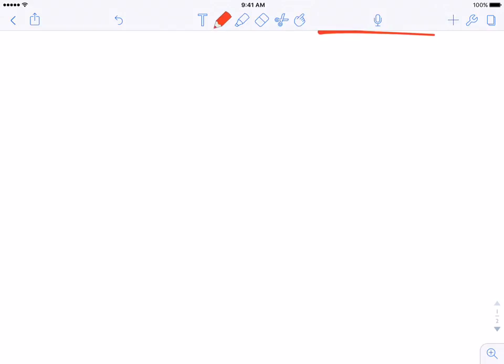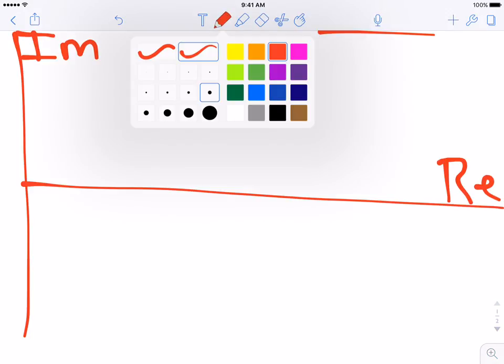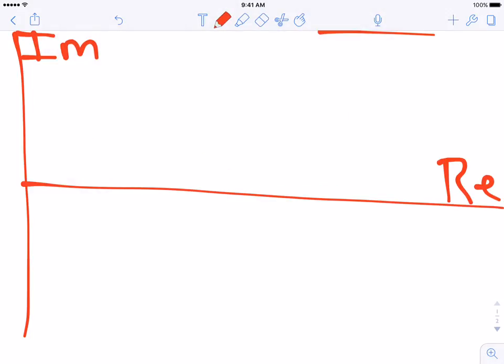So let's graph it. When you graph, you have your real axis over here, and then you have your imaginary axis over here. So what we're going to graph is S equals P plus jQ.